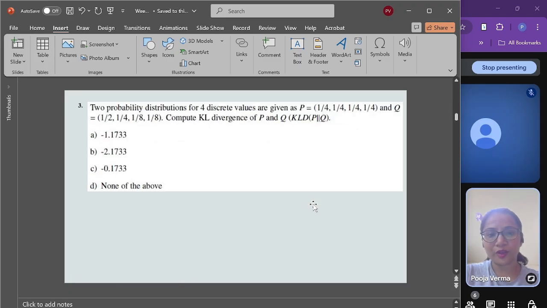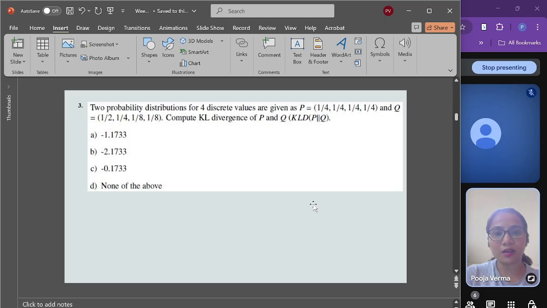Now moving to the next question. Two probability distributions for four discrete values are given: P is 1 by 4, 1 by 4, 1 by 4, 1 by 4, and Q is 1 by 2, 1 by 4, 1 by 8 and 1 by 8.